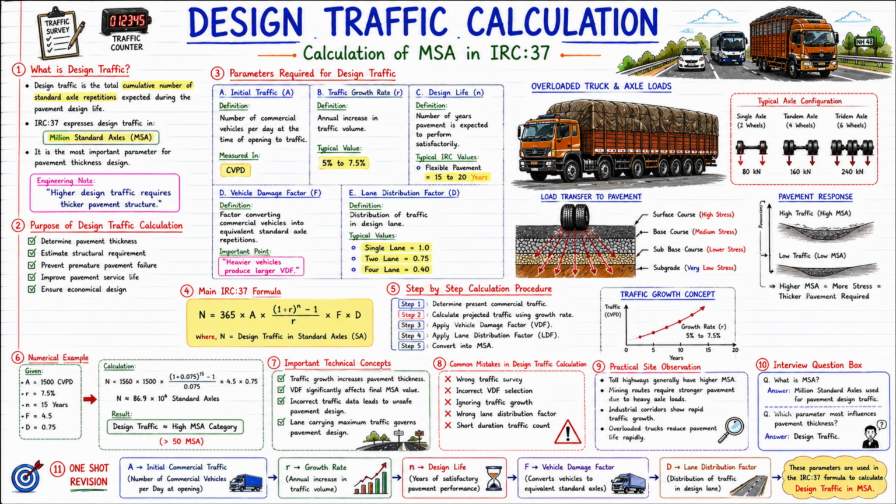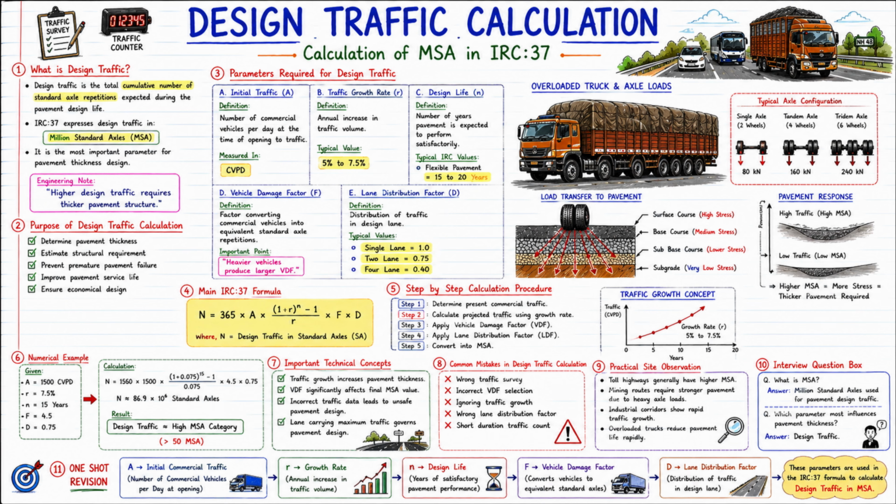Now look at the overloaded truck diagram on the right side. Now the actual field condition is shown here. Overloaded trucks increase pavement damage very rapidly. Now look at the typical axle configuration. Single axle 80 kN. Tandem axle 160 kN.